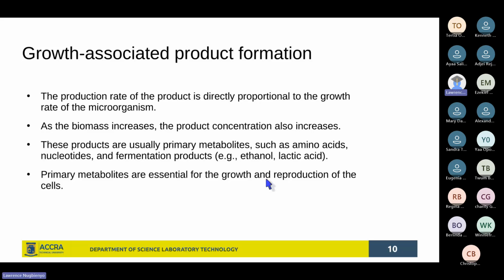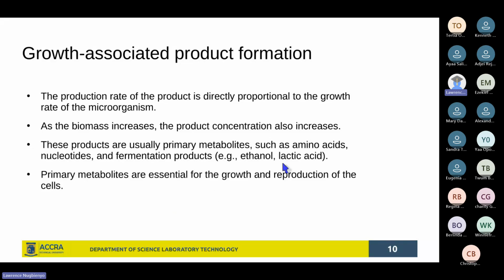If you have production of some nucleic acids, for instance, that's what you are referring to as nucleotides. Or in the process of fermentation, like we saw with the brewery industry, or maybe even the biofuel industry, where we have production of bioethanol, or maybe the food industry in the production of yogurt, for instance.